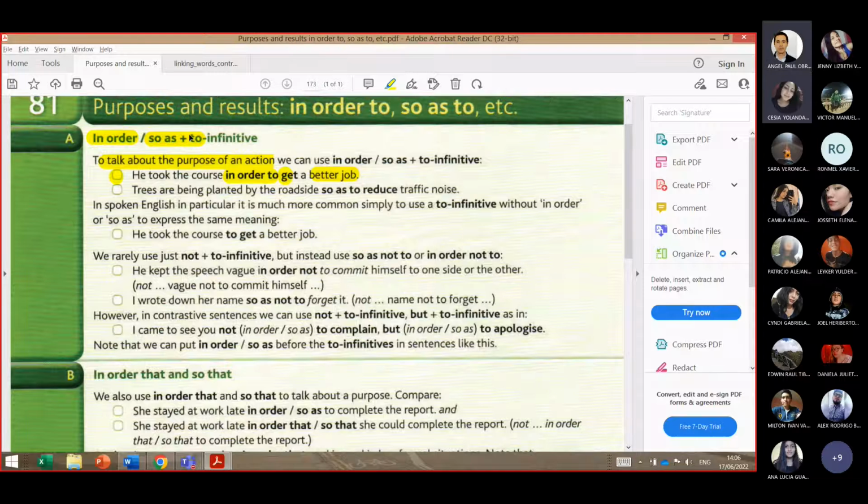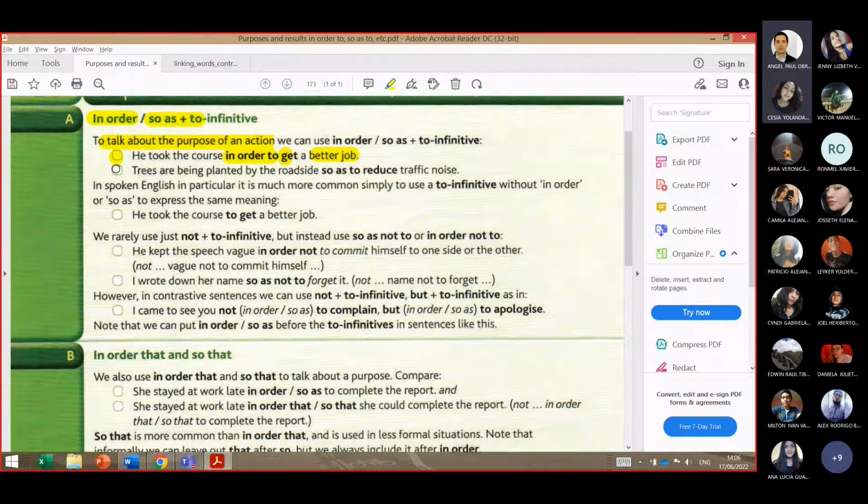Entonces, la estructura es así, ¿no? In order to plus el infinitive, o podemos utilizar también so as to plus the infinitive. So these two, as I said before, we use them to express the purpose of an action, okay? There are some differences between these two, but we will see later. Let's have a look at this other example here.